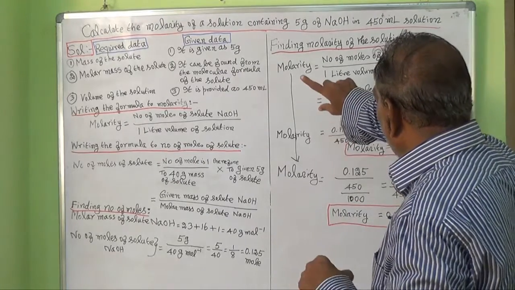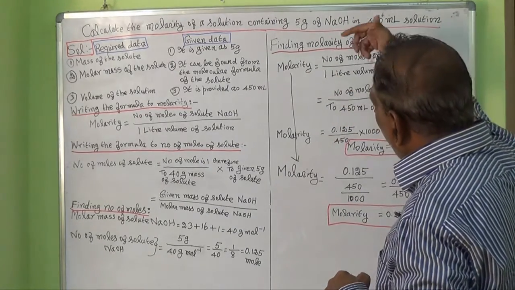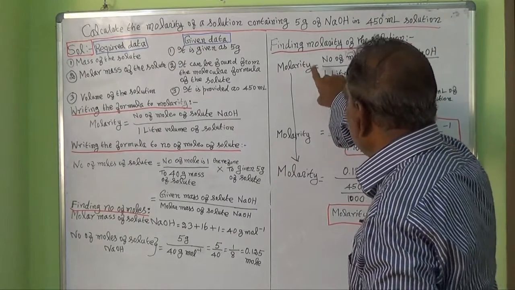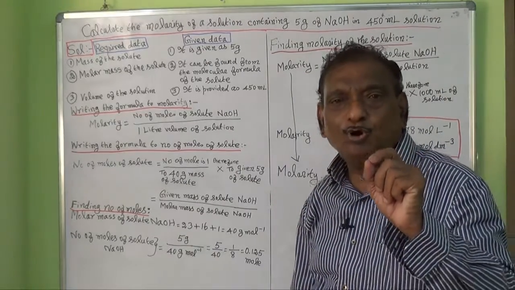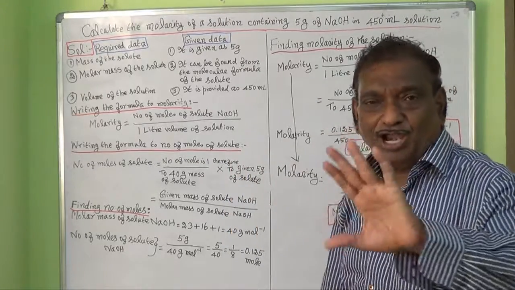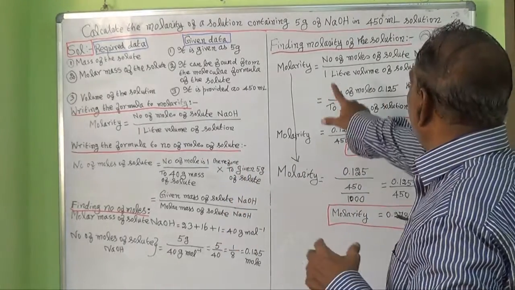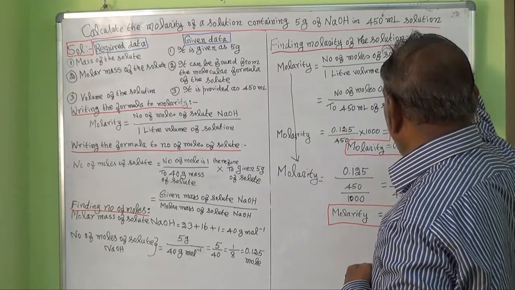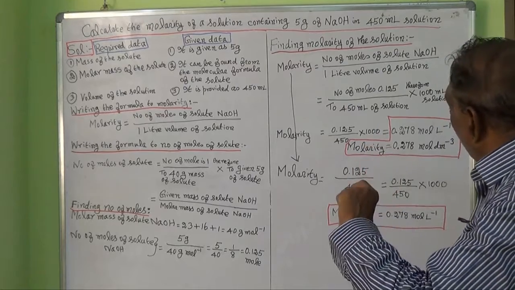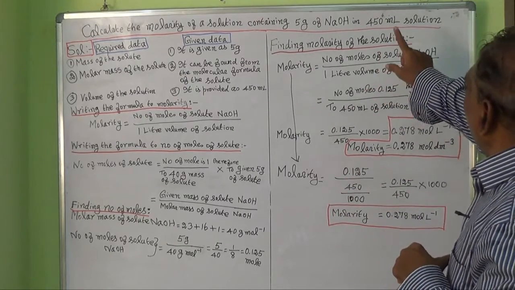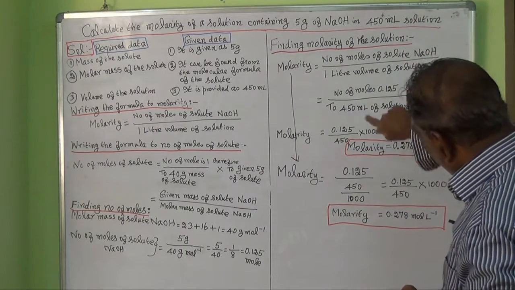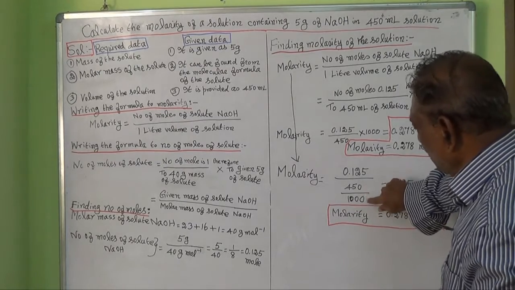The molarity of the solution can also be written in another way. That is, the molarity of the solution equal to number of moles of solute sodium hydroxide by 1 liter volume of the solution. The number of moles of the solute sodium hydroxide is 0.125. If we convert the given 450 ml volume of the solution into liter, we will get 450 by 1000.